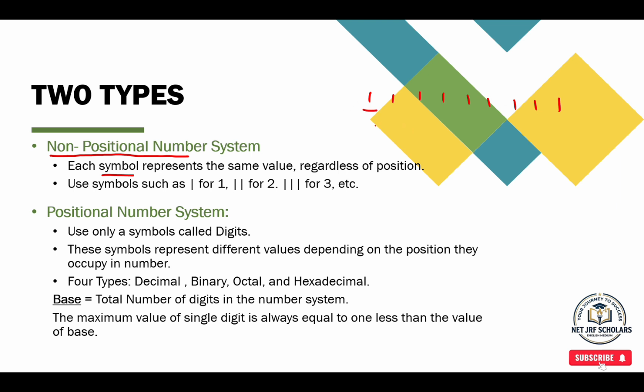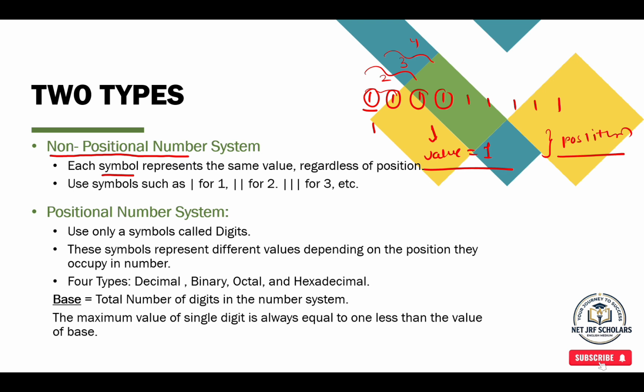When I write 1, it is 1. When I write 2, it is 2. When I write 3, it is 3. When I write 4, it means 4. Every symbol has the value of 1, irrespective of its position.